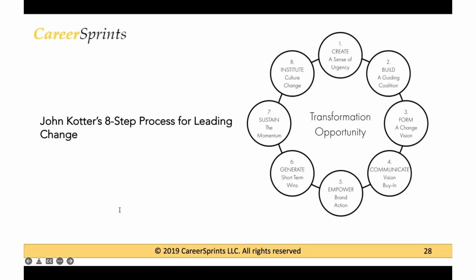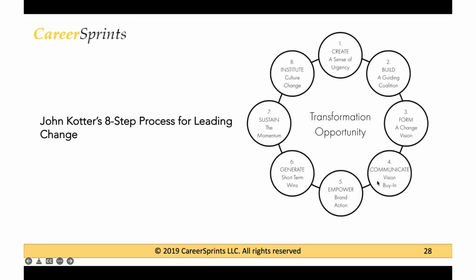Next is, form a change vision. So, once you have a high level vision that is in place, you can further refine it and create a vision or an idea that you can sell to people.